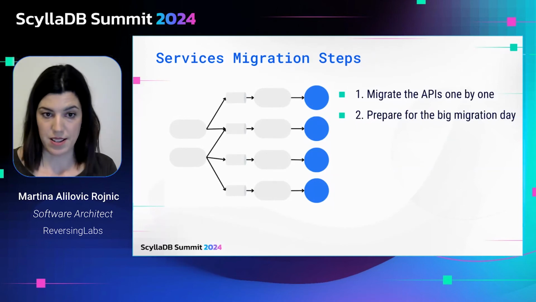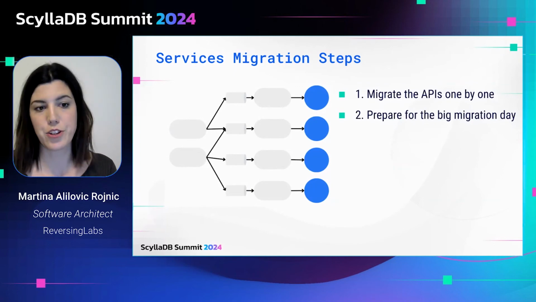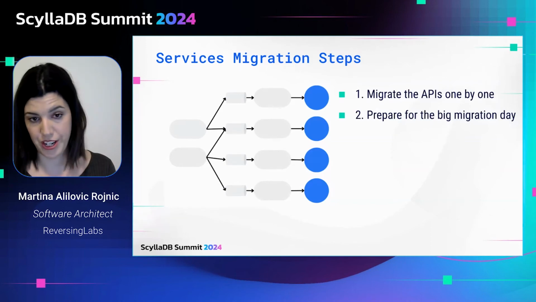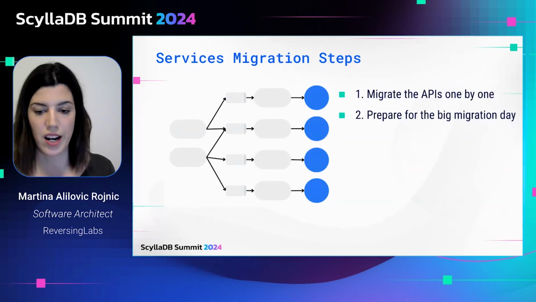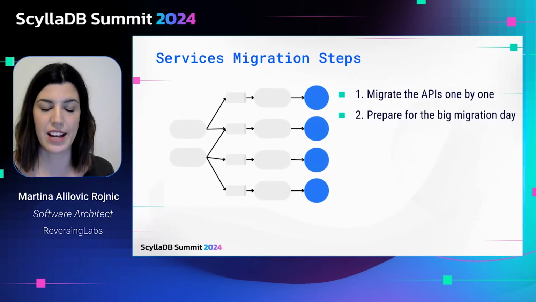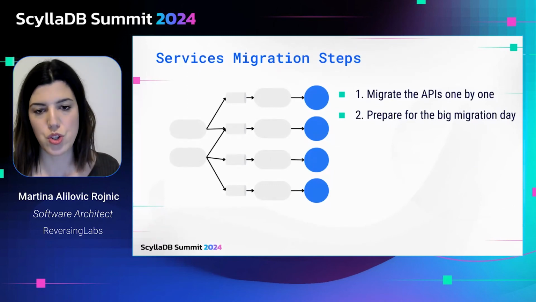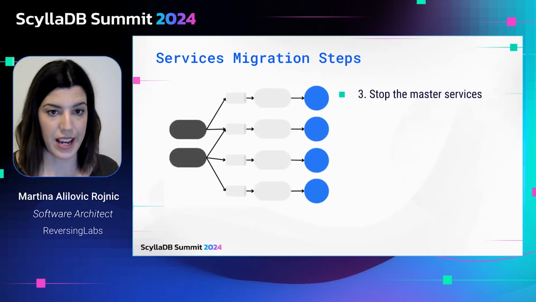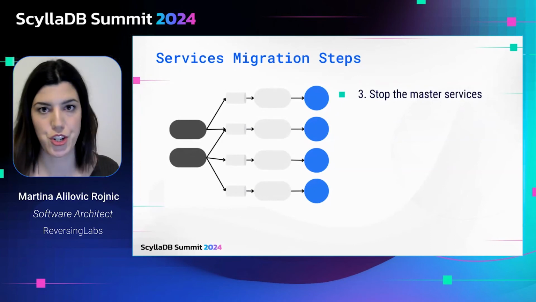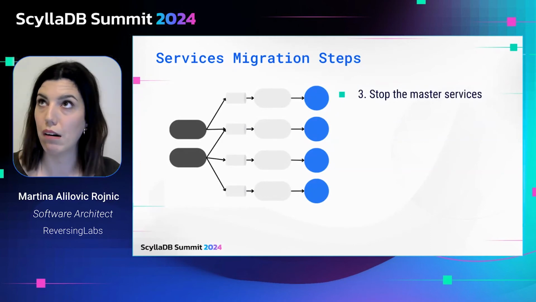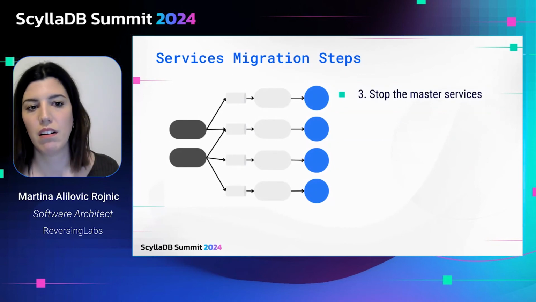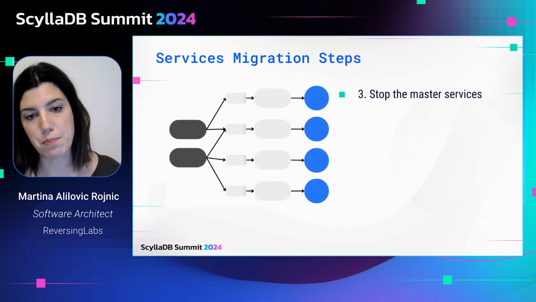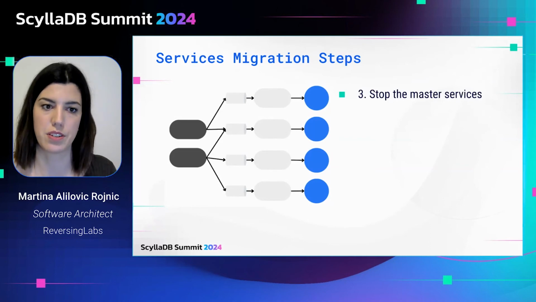After the APIs were migrated, we had to prepare for the big migration day. All the services before the APIs are intertwined in their communication, and they had to be migrated all at once. So at the migration day, 9 a.m., the migration team, I think maybe 10 or 15 of us. The first step was to stop the master services, so the data generators were stopped.